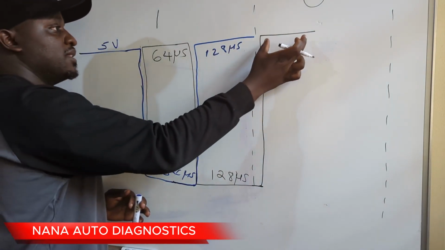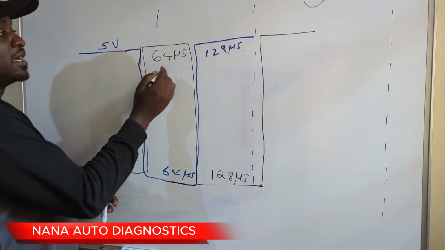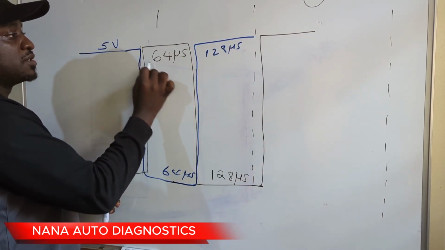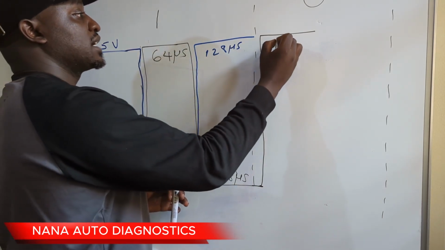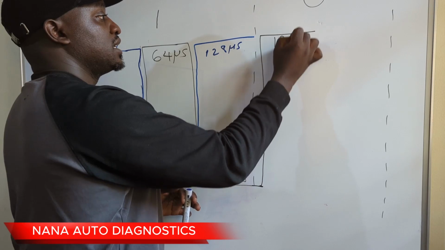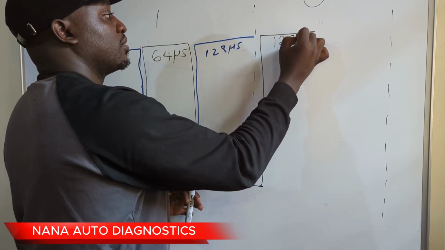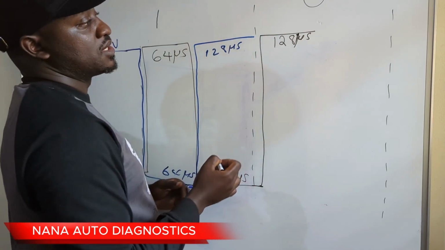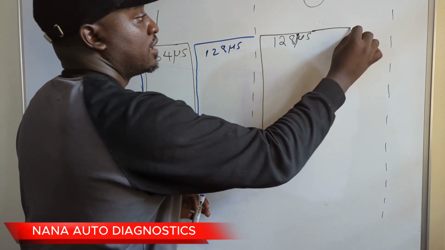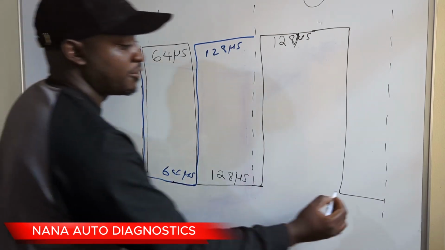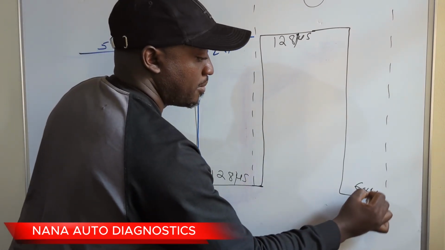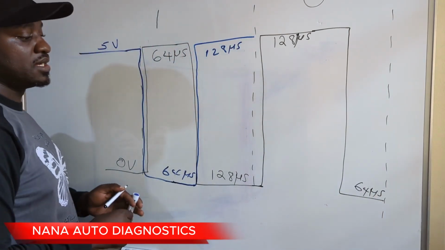But this time, it will not stay active for 64 microseconds. Rather, it will stay active for 128 microseconds and then drop to 0 volts and stay there for a period of 64 microseconds.